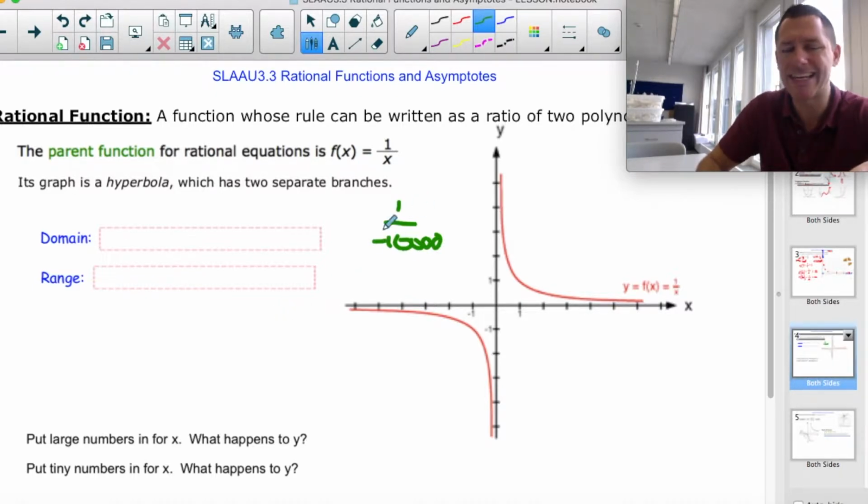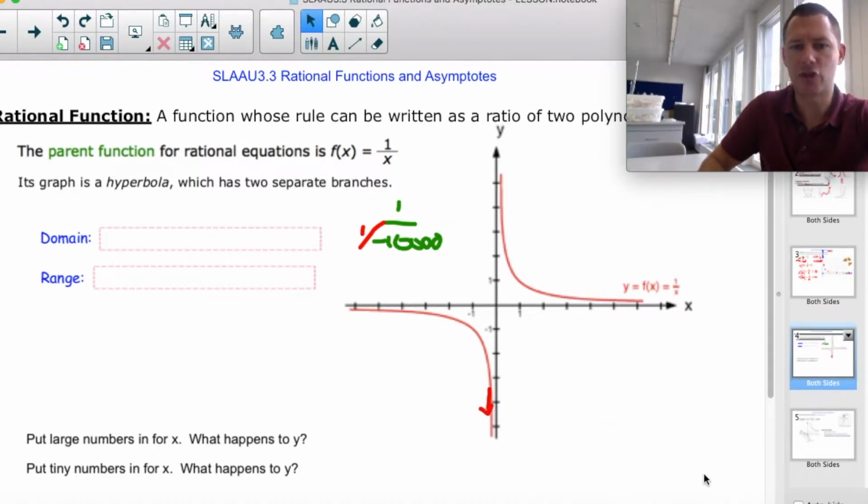This is a tiny, tiny negative number. And if you do 1 divided by 1 over negative 1,000,000,000, this gets really large in the negative sense, right? It goes up in a negative value.